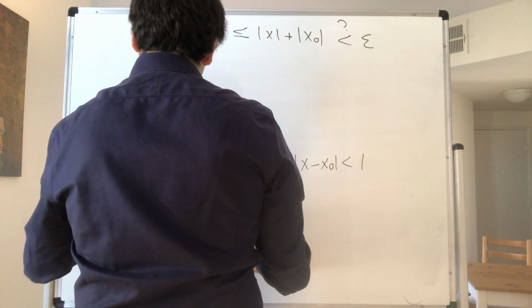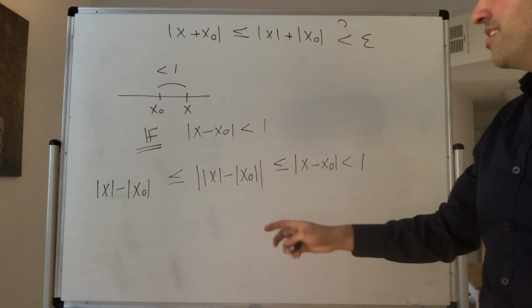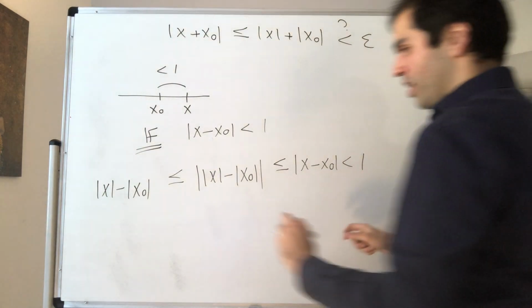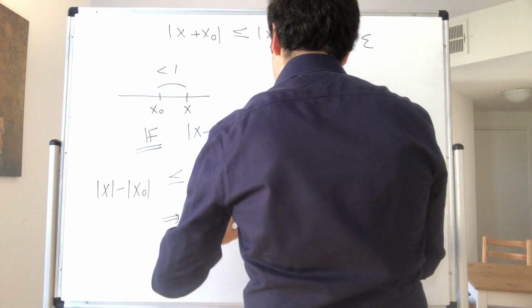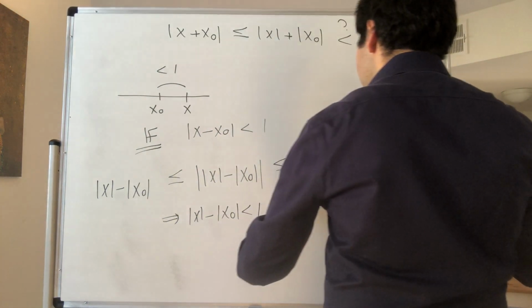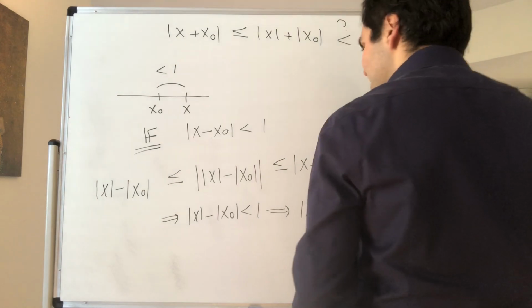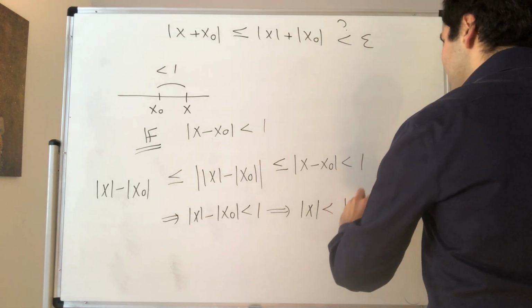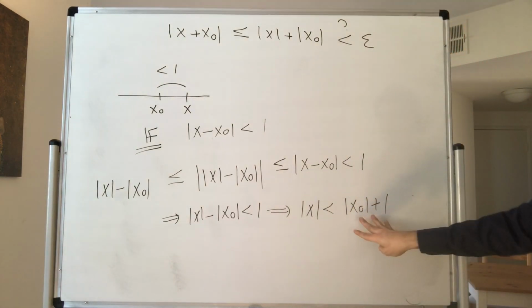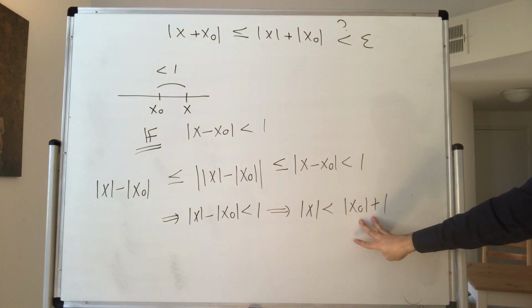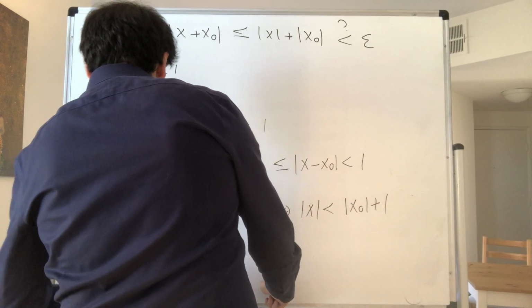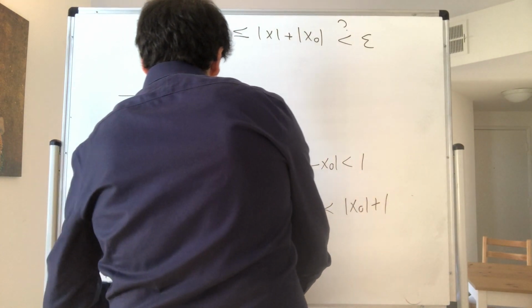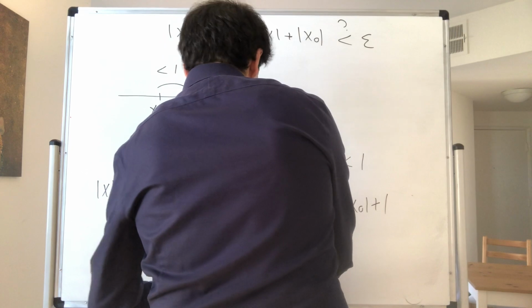So what do we get? Absolute value of x minus absolute value of x naught becomes less than 1. So this thing is less than 1, meaning that absolute value of x is less than absolute value of x naught plus 1, which is great because this is fixed. And therefore, what do we have? Absolute value of x plus x naught is less than or equal to absolute value of x plus absolute value of x naught.